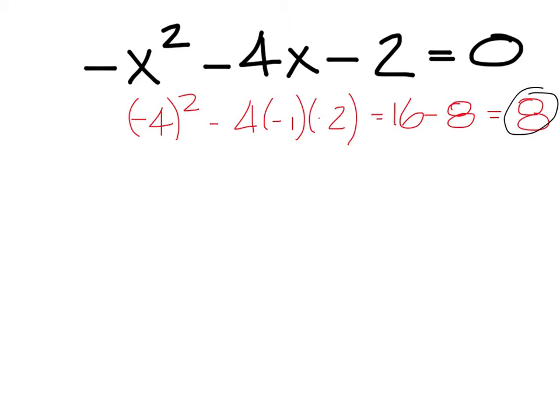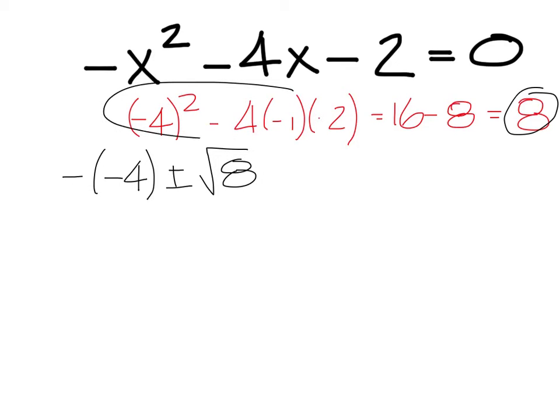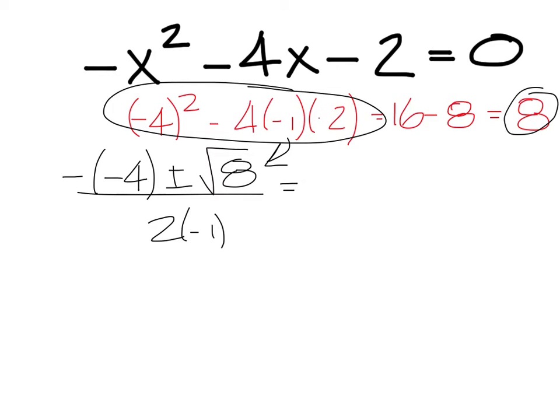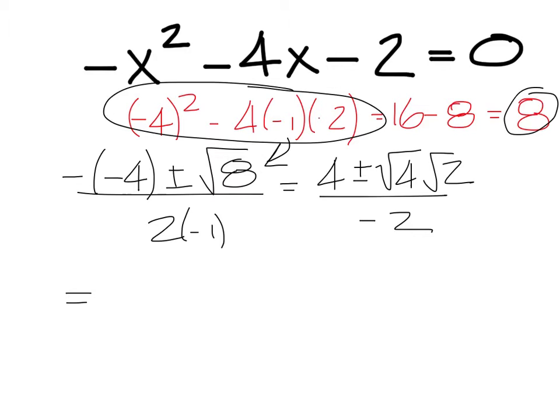So we go to the quadratic formula and do a negative b, which is going to be a negative 4, plus or minus the square root of 8. Remember, we already found this, and that's the part that goes under there. On the bottom, 2 times negative 1. So simplify to get 4 plus or minus square root of 4, square root of 2, and on the bottom is a negative 2. The square root of 4 is 2.